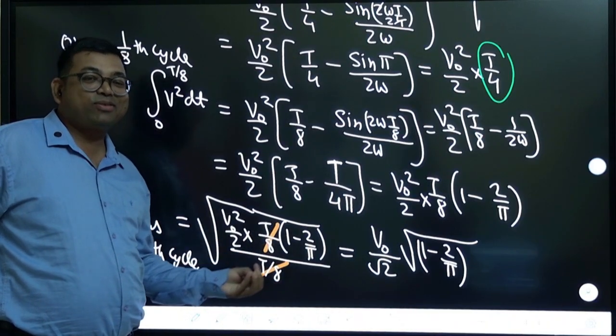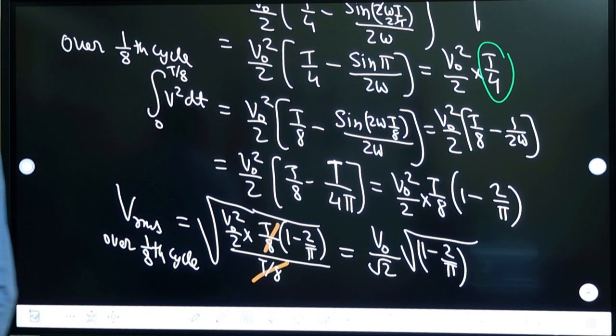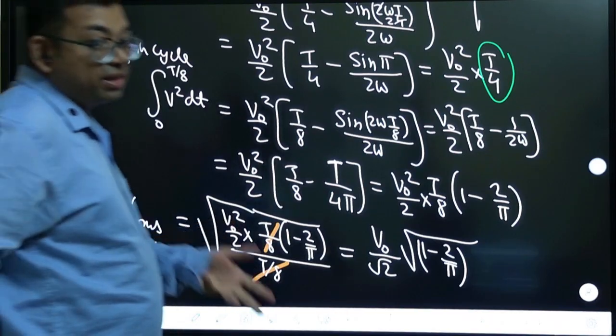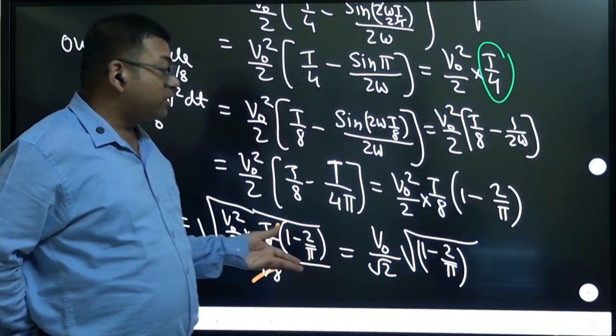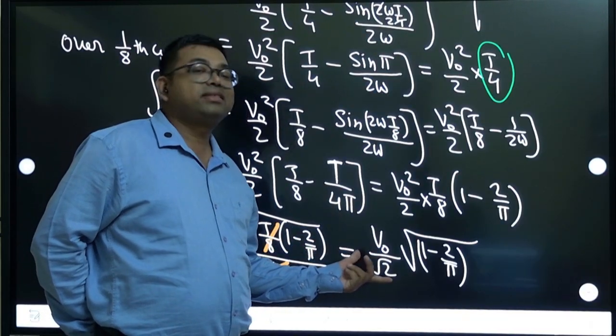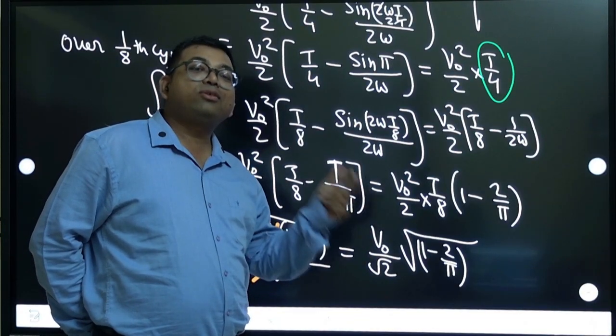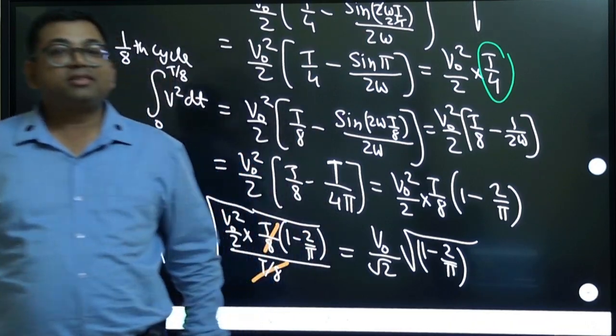Generally, they may take over half cycle or full cycle. But it is a good question. In NEET, if they ask what is the RMS over 1/8 cycle, this will be the answer. So it is better to remember it, because quickly you will choose the correct option, right?